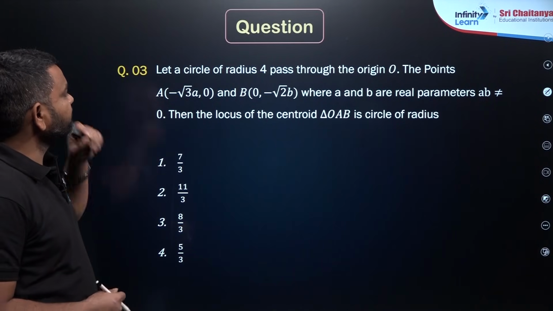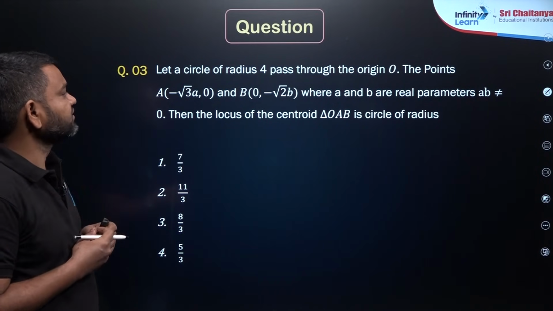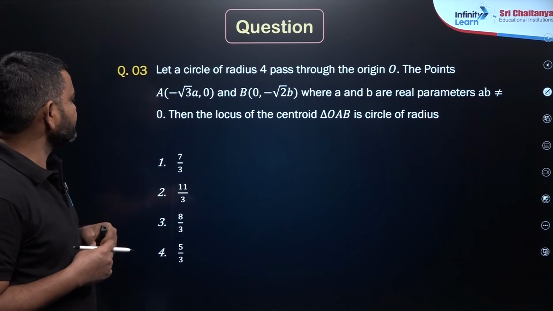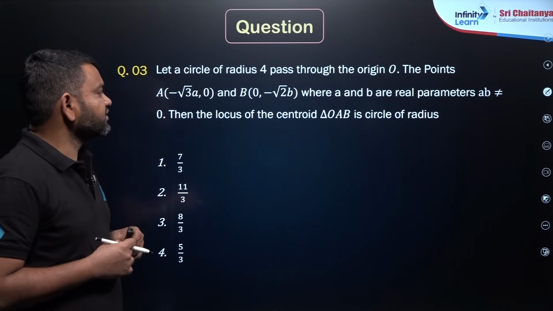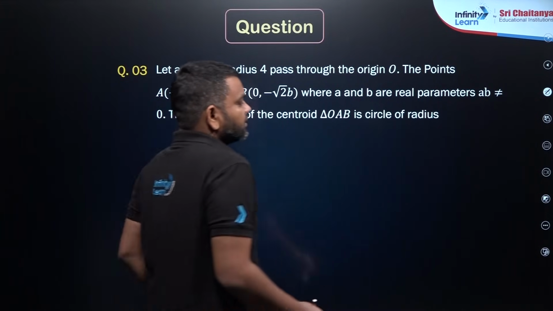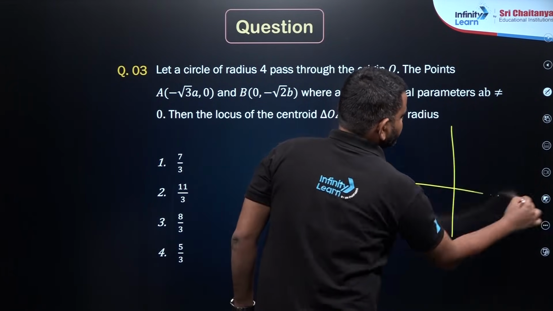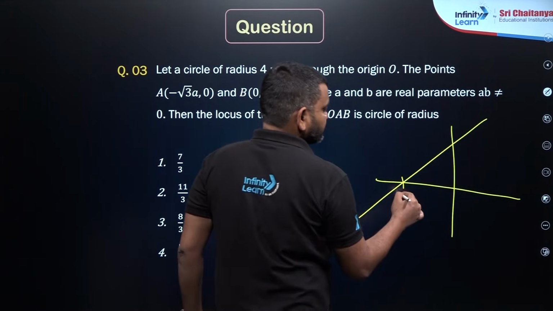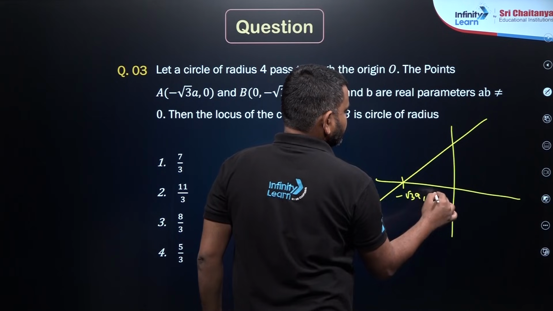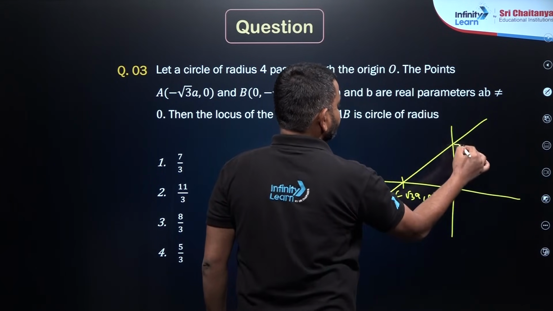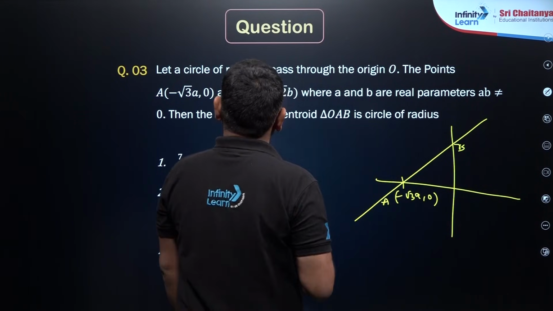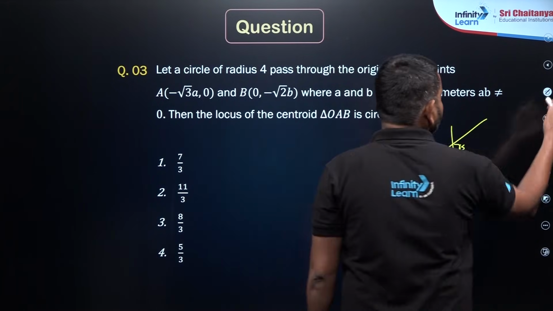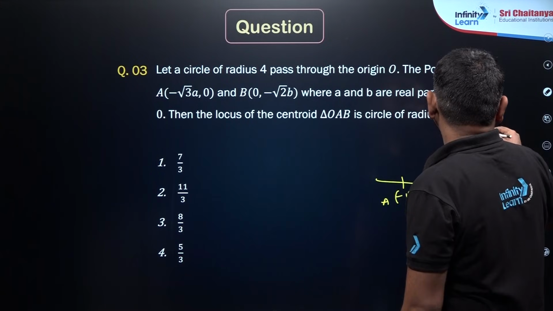A circle of radius 4 is passing through the origin. The points are these two, where a and b are real parameters, then the locus of the centroid of OAB is equal to. Let's try to plot these numbers here. A is minus root 3a comma 0, and here B is going to be 0 comma, sorry, this is on the other side.